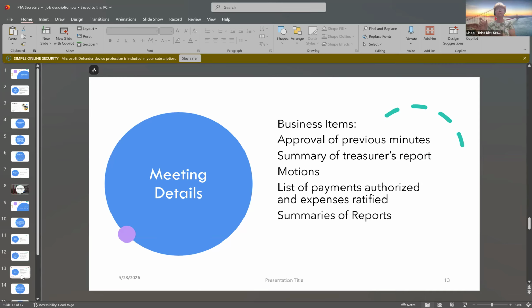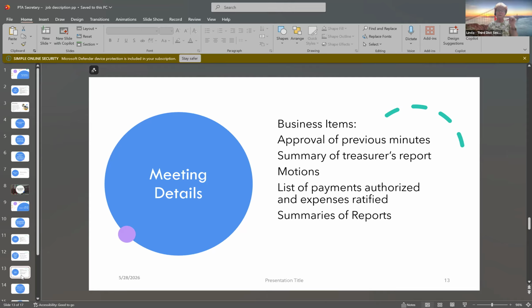Any of those have to specifically be authorized and or ratified, what it was for and the amount and how it was paid. So a check number, an EFT, an ACH, however it was paid, it needs to be recognized and approved and ratified and put in the minutes.